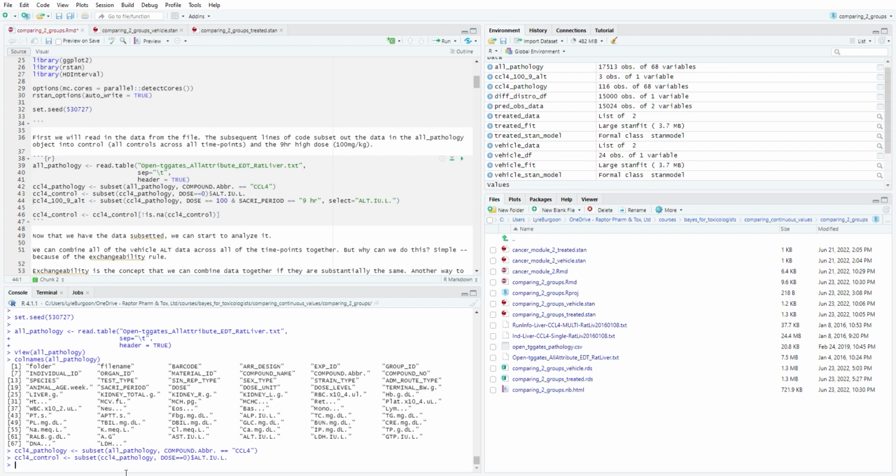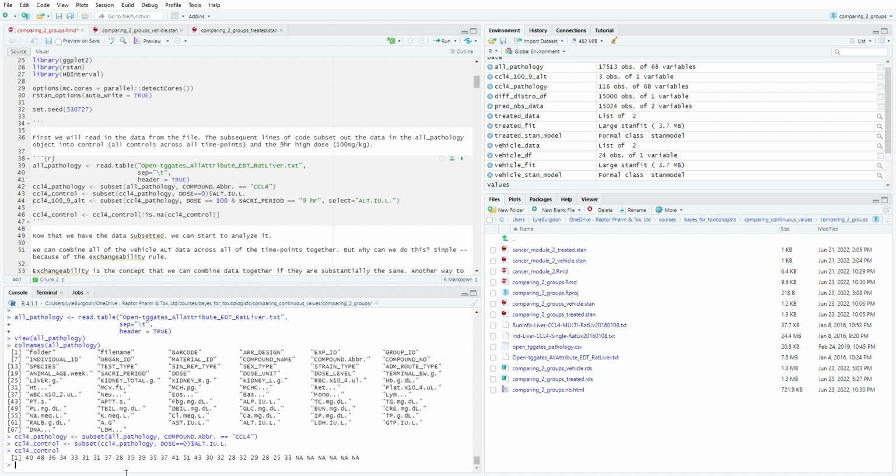Okay, so now let's look at this. CCl4 control. Okay, so that got me the CCl4 control. Note dose equals 0, right? And then I just want this particular column. Sweet, it works. I love when things work.